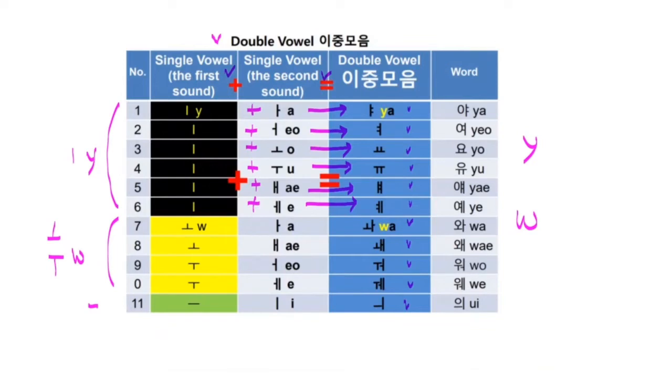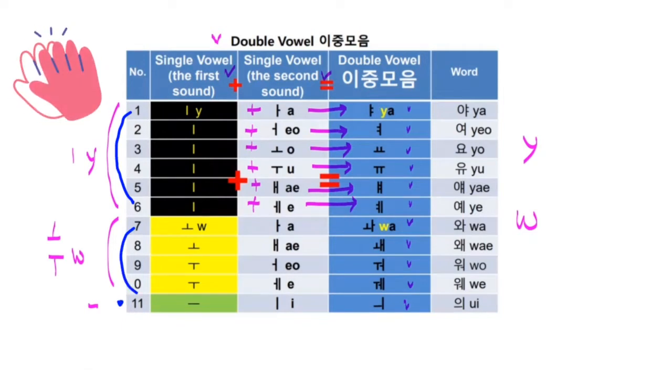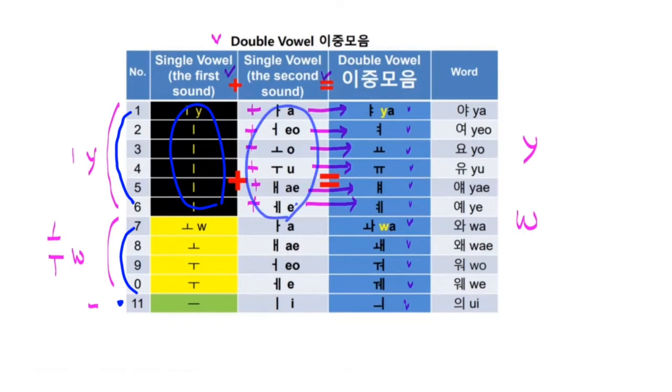Let's check it out again. It's efficient to learn by tying it up based on the first sound and using the claps. As I said, the sound that starts with ㅣ has a short first sound, ㅣ. And the second sound, ㅏ, ㅑ, ㅜ, ㅔ, is relatively long.